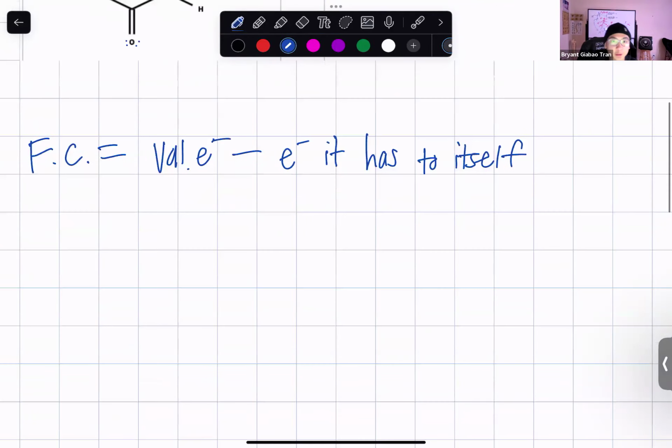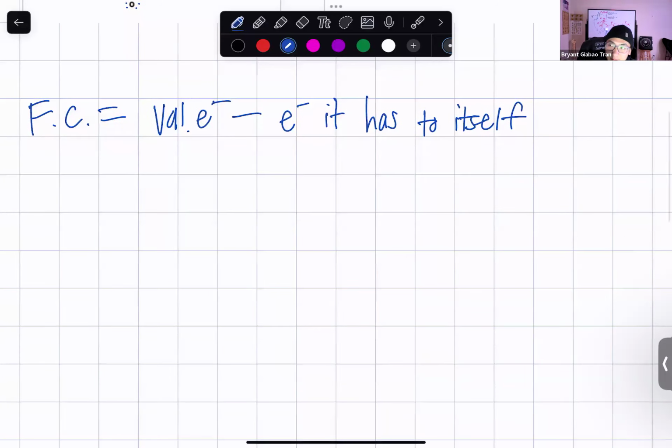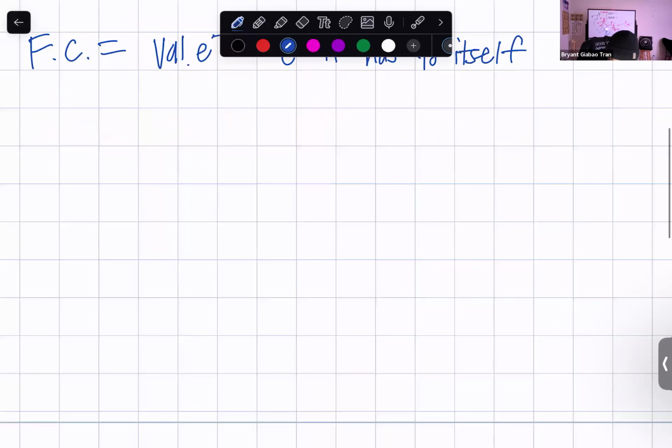There's another equation where you divide by 2, but I like thinking about it like this because it's simpler. So if we look at carbon, how many valence electrons does carbon have? A tip to know that is to look at the periodic table and see what group it's on. If it's on group 2, it has 2 valence electrons. So how many electrons does carbon have? 4. Yeah, so it wants 4 electrons to itself.